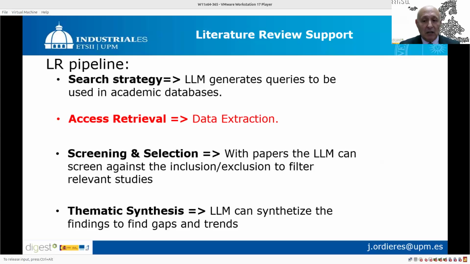Then the access and retrieval needs to be carried out by yourself, unless you are using specialized agents that are able to go through those databases. Otherwise, it needs to be done by you as a manual activity.